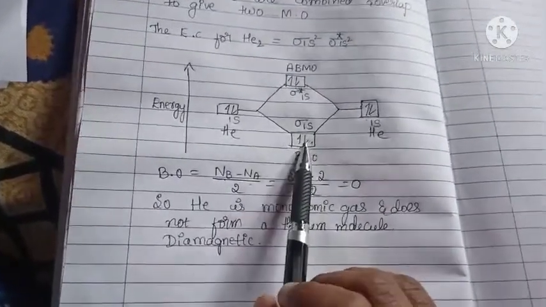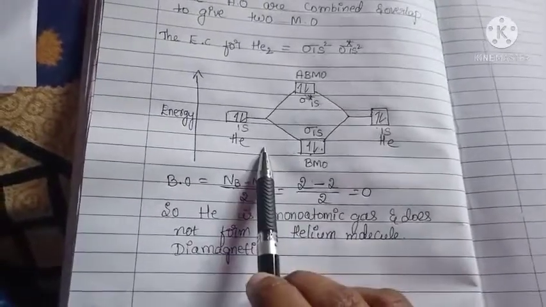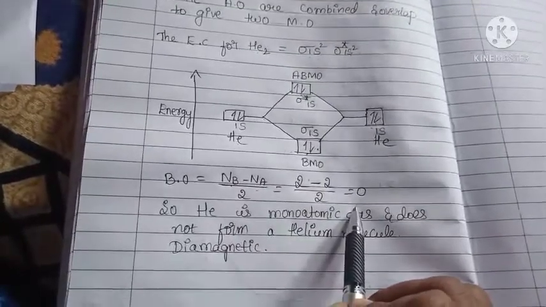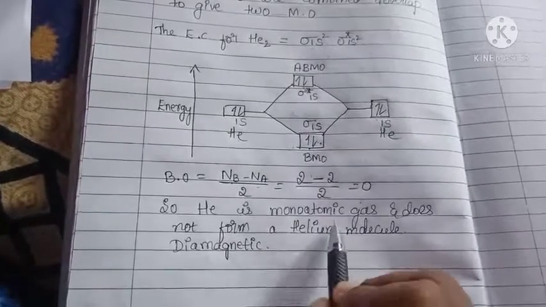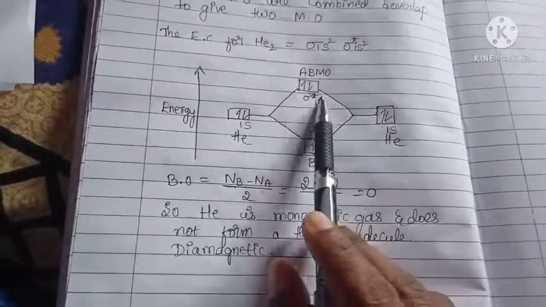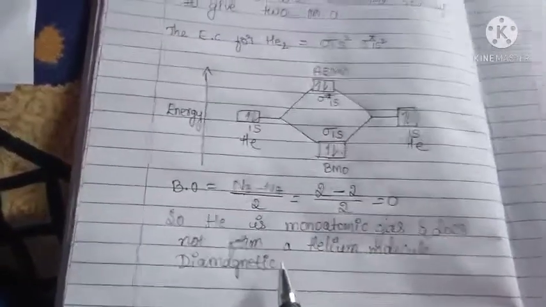The number of electrons present in the molecular orbital should be present in the atomic orbital. The bond order is 0, so we conclude that helium is a monoatomic gas and does not form a helium molecule, and there is no unpaired electron, so it is diamagnetic in nature.